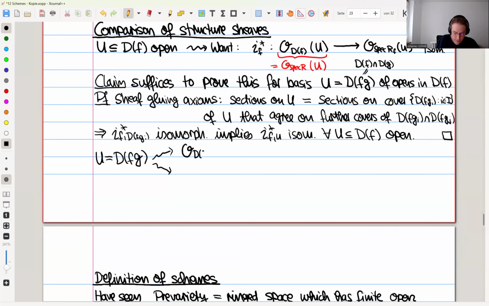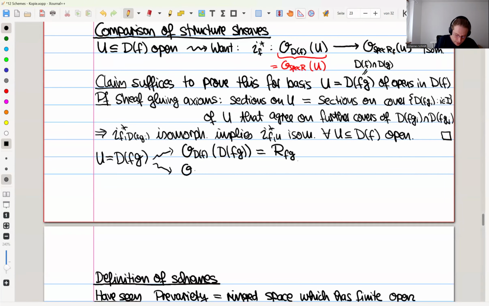We can either compute them as restrictions from O_{Spec R}, but this we have seen, this is just a distinguished open subset in Spec R. And so this ring of functions is just the big ring R localized at the function defining this distinguished open set. So we just get this localization.